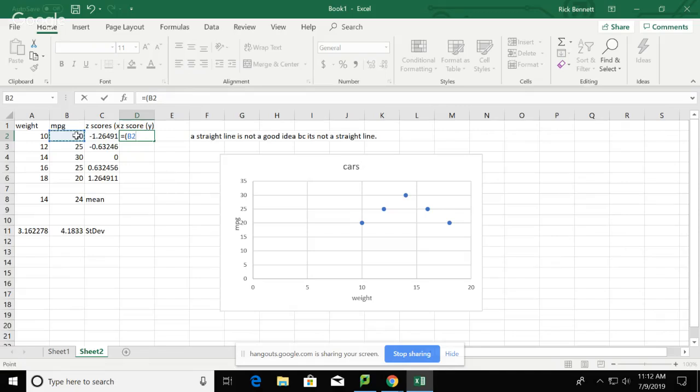Y1 minus the mean, make it F4 because of the dollars, divided by the standard deviation. Okay. Oops. Okay, what did she do wrong that time? She was very close, but there was one thing that she forgot to do. She forgot to put the second one.